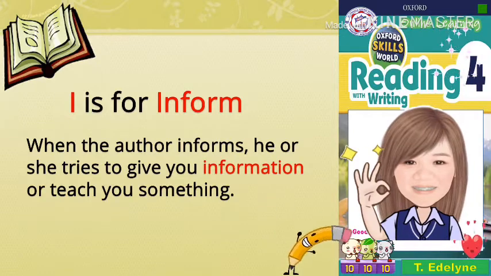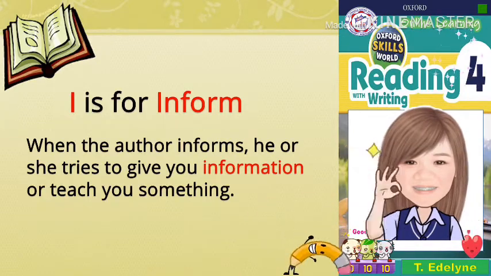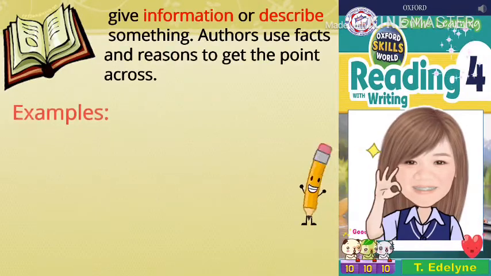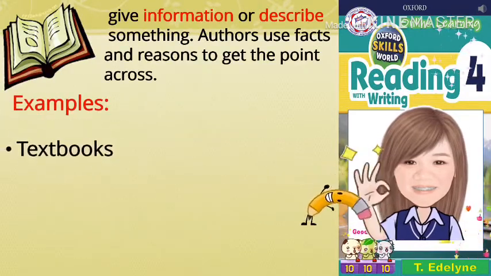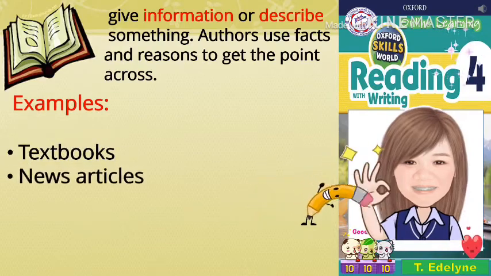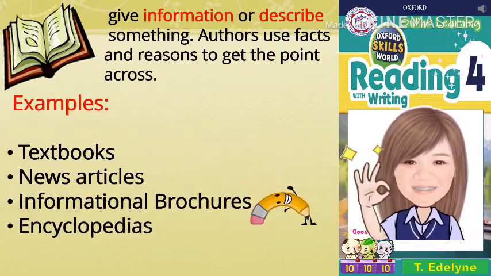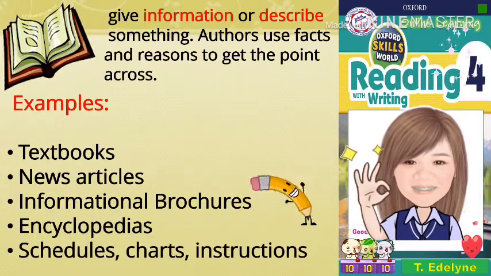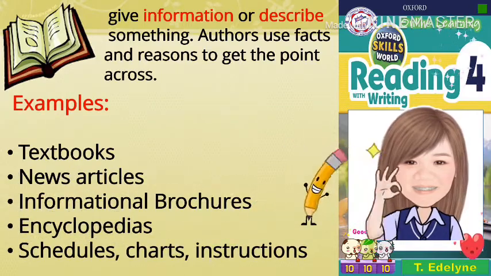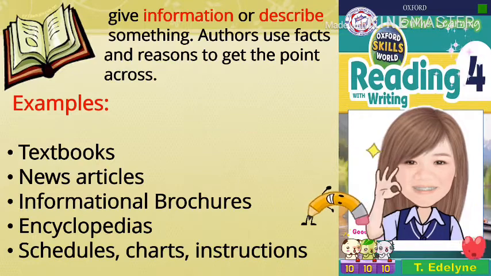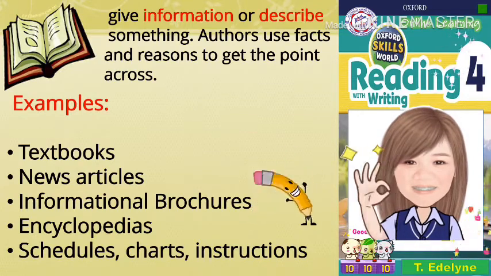So from the word inform, it talks about the information. Give information or describe something. Authors use facts and reasons to get the point across. So here are the examples of inform.